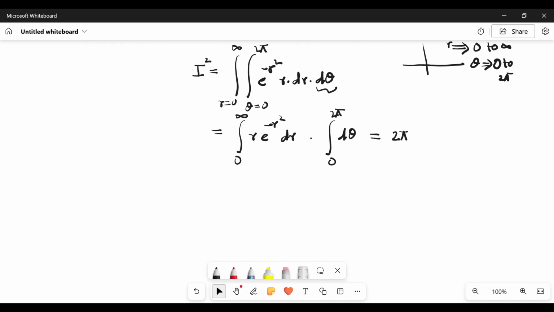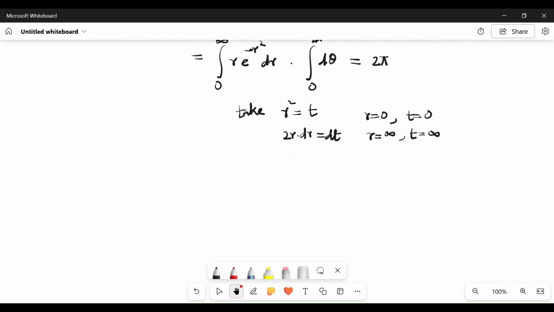Here just take r square as some t, so that 2r dr will be dt. The limits will be the same, because as r is 0, t will be 0, and as r is infinity, t will be infinity. The only difference is that t will go to infinity faster than r, but the limits will be the same.